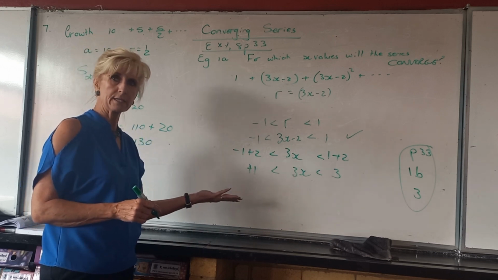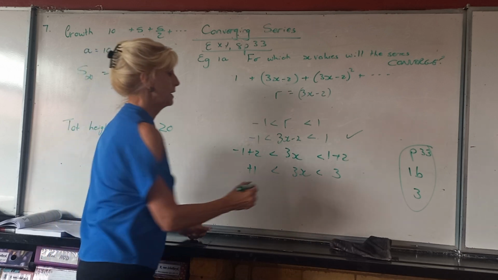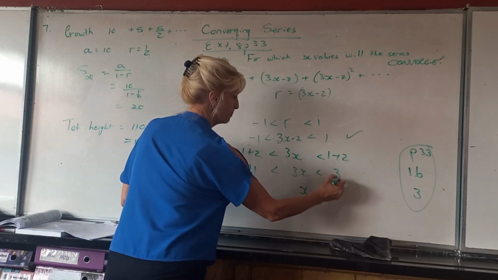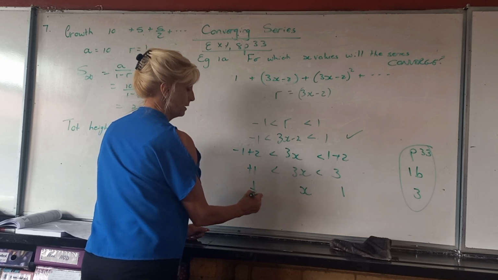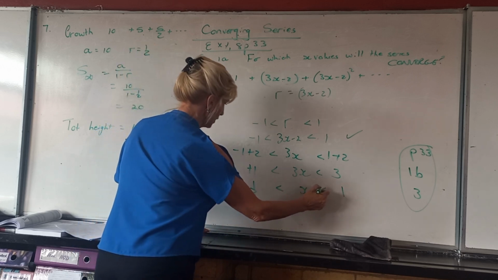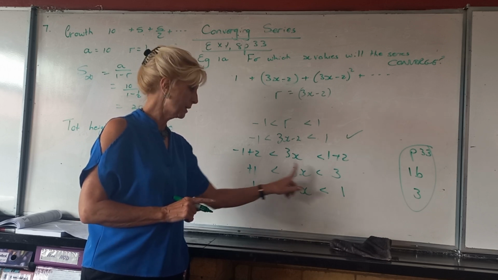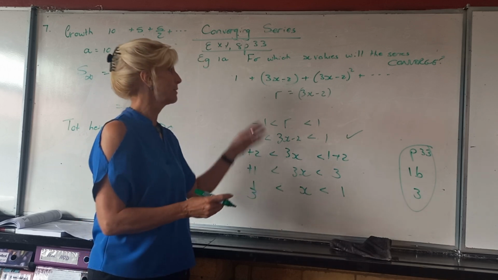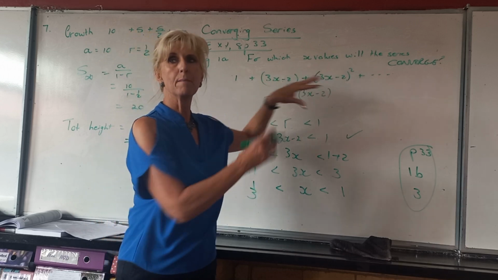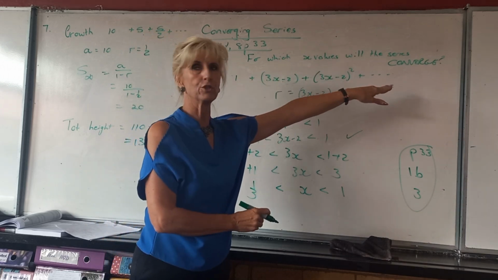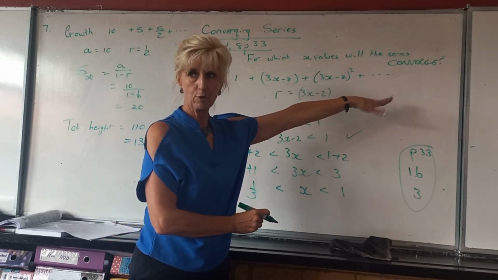If it was a negative, your signs would change around. Then if I divide by positive 3, positive 3, positive 3, then the sign did not change around. So I'm saying anything between a third and 1 will give me, if I put it in the place of x there, a converging sequence or series.